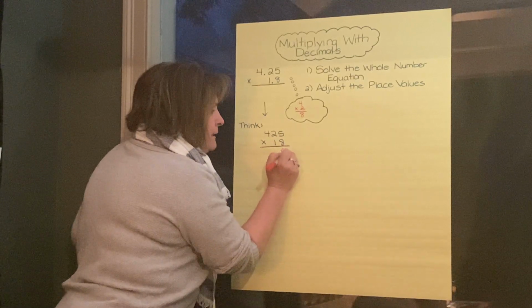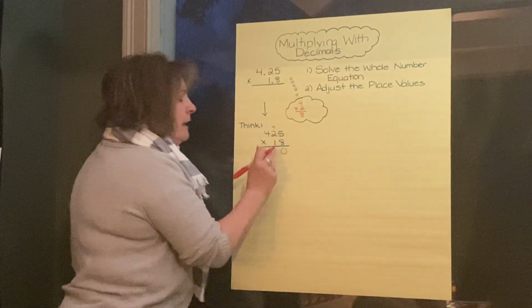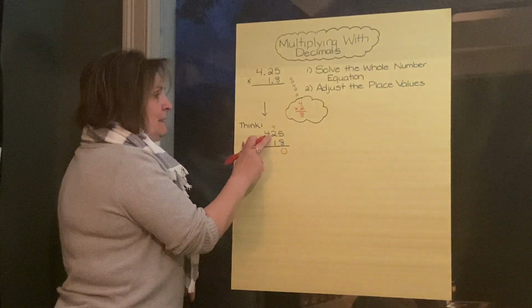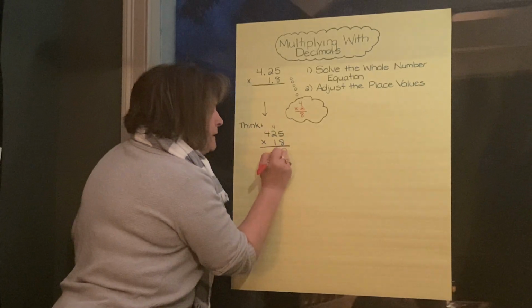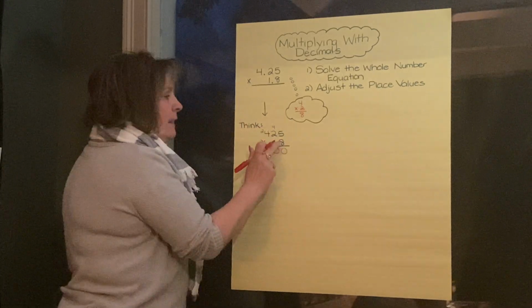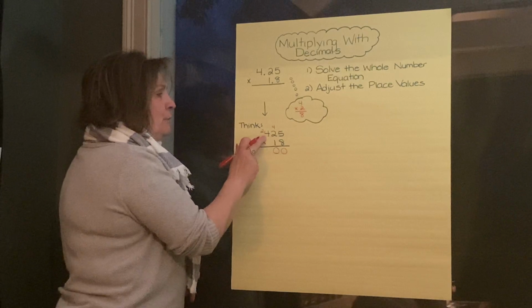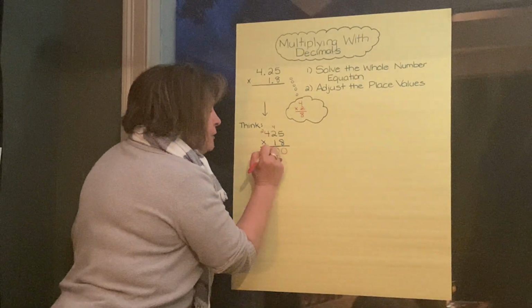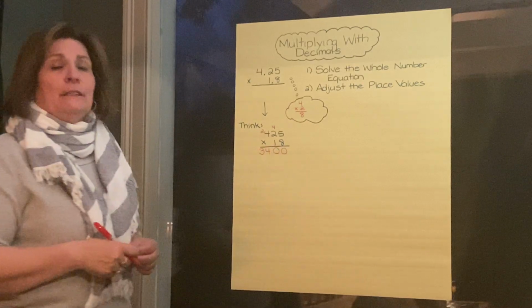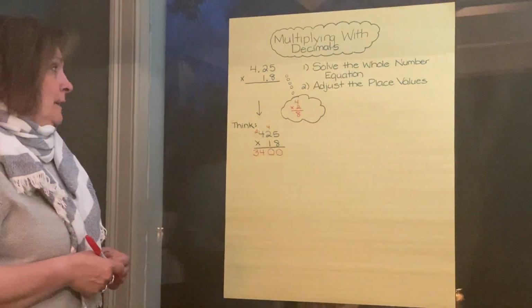We put down the 0, carry the 4. 8 times 2 is 16, plus 4 more is 20. Put down the 0, carry the 2. 8 times 4 is 32, plus 2 more is 34. So our first partial product is 3,400.